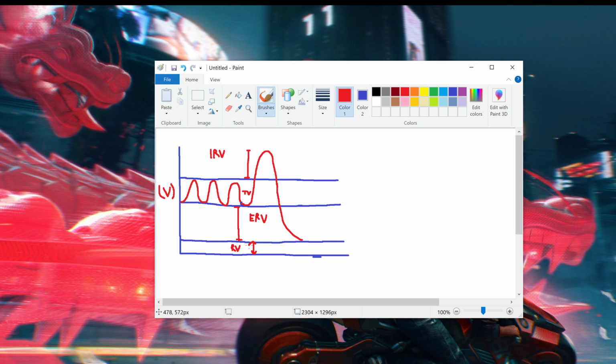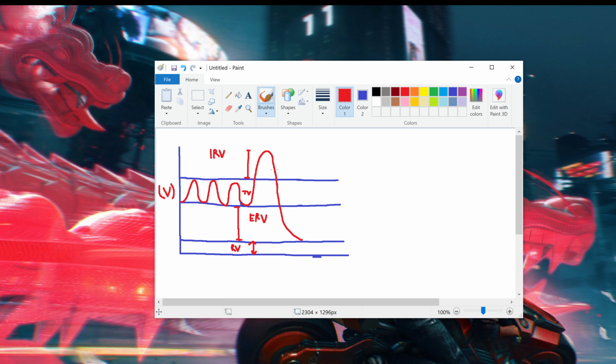This is necessary to maintain the pressure in your lungs. And here's the thing: residual volume cannot be measured directly with a spirometer. It is, however, calculated, and I'll get to it. Anyway, that about covers all the volumes.